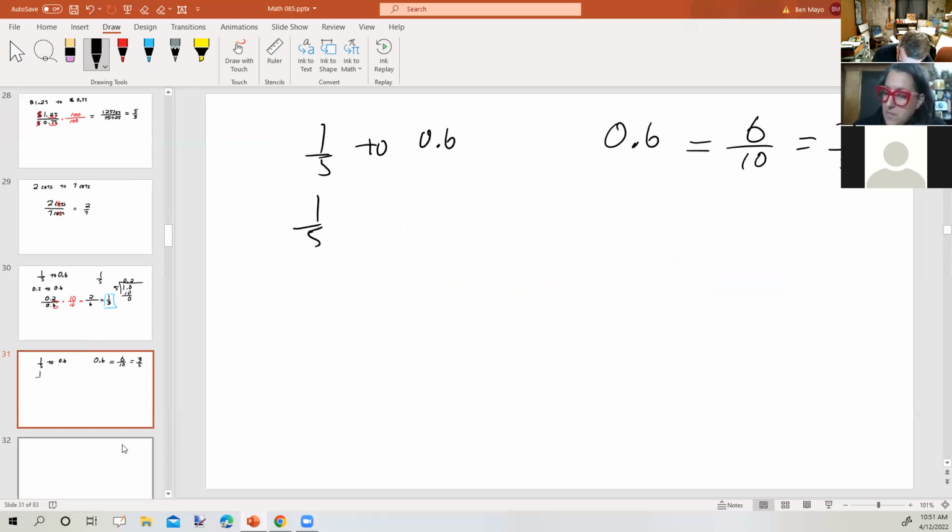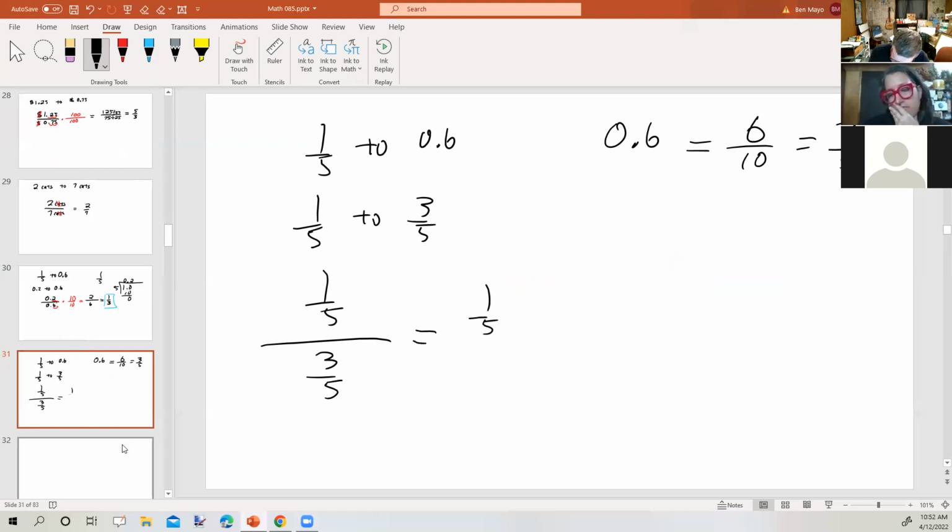So now I've got 1/5 to 3/5. Well, let's write that as a fraction. 1/5 to 3/5. Oh, but wait a minute. In the final answer, it needs to be a whole number over a whole number. So we're not done yet. Well, this is the same thing as 1/5 divided by 3/5, isn't it?